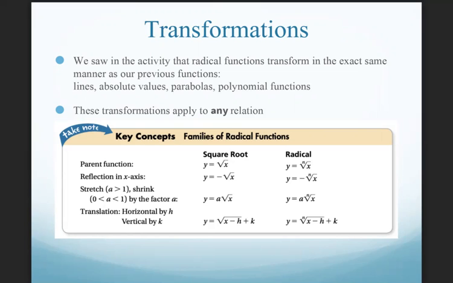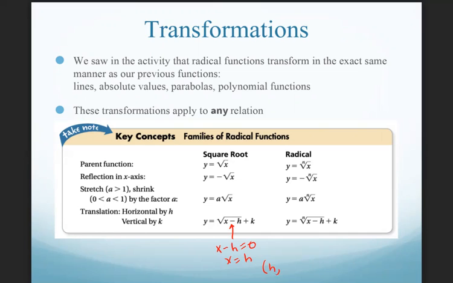And then we're a little bit more comfortable with translating, moving the graph horizontally by h. And remember, if I have x minus h, I can solve x minus h equals 0, x equals h. And h is going to be the x coordinate of our vertex.